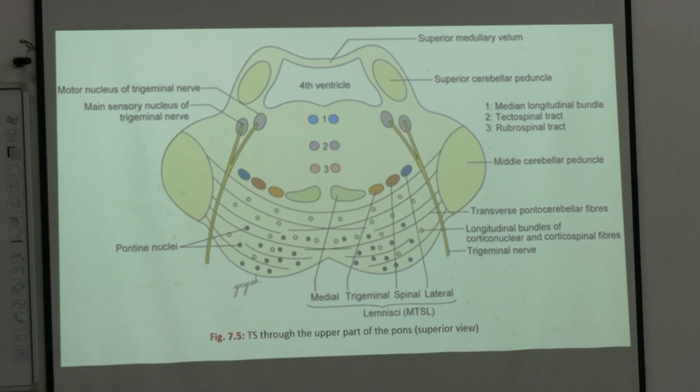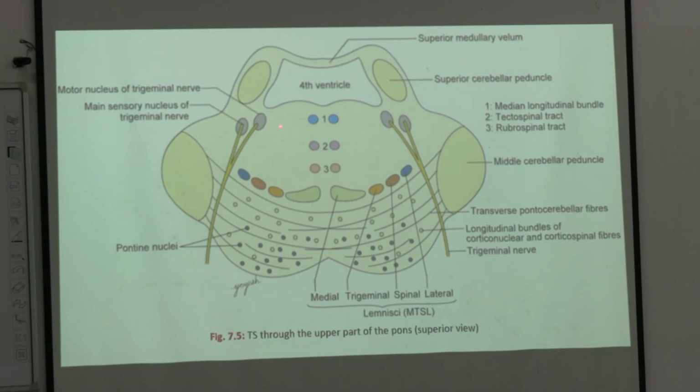So this is the fourth ventricular cavity which you are seeing here. The only nuclei present in the upper level are these two nuclei of the trigeminal nerve, the sensory nucleus and the motor nucleus. The trigeminal nerve has four nuclei in all, and two of them are present here, which we call the motor nucleus and the sensory nucleus.